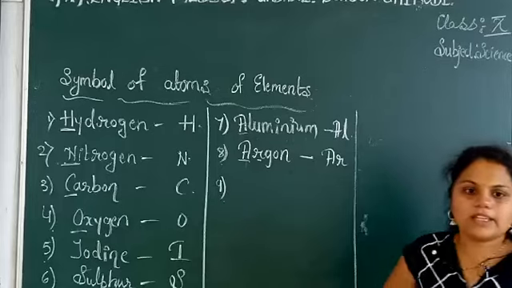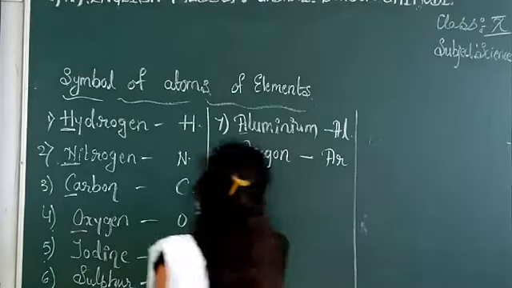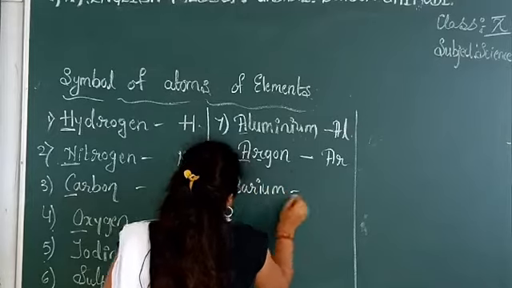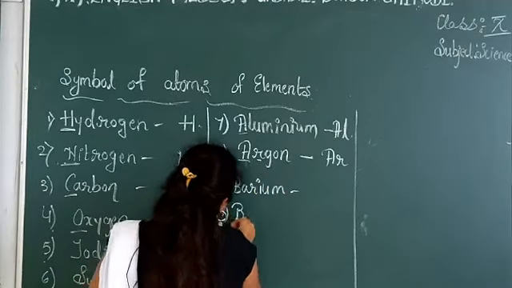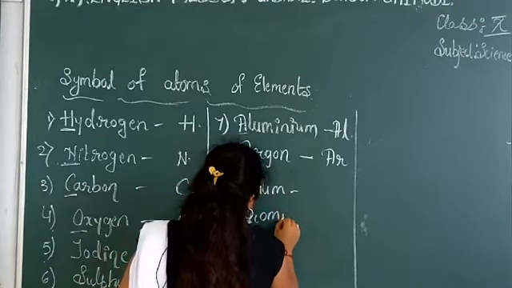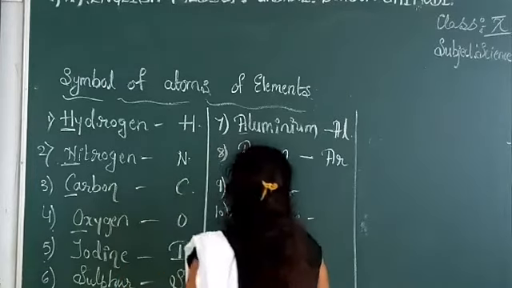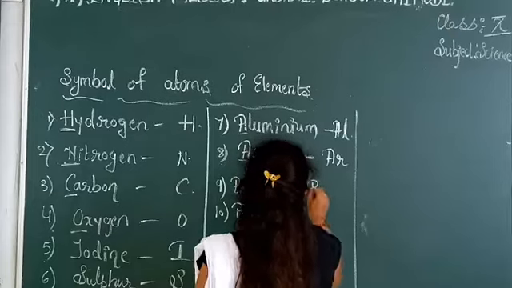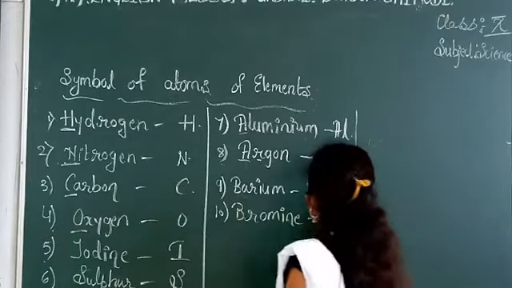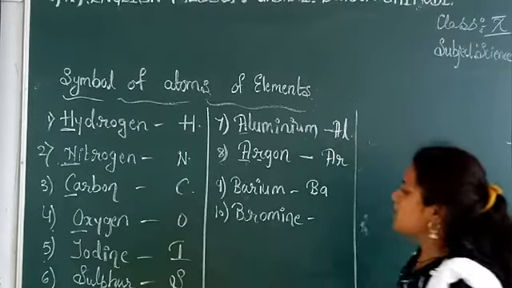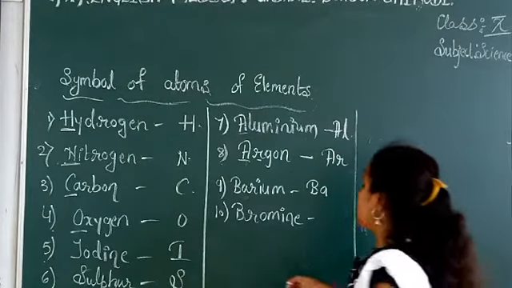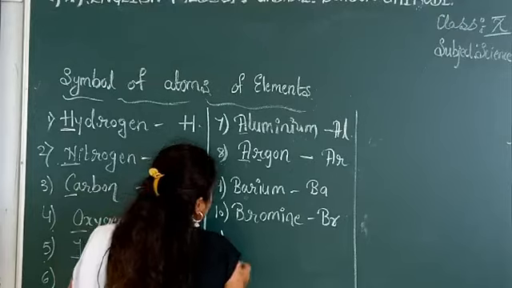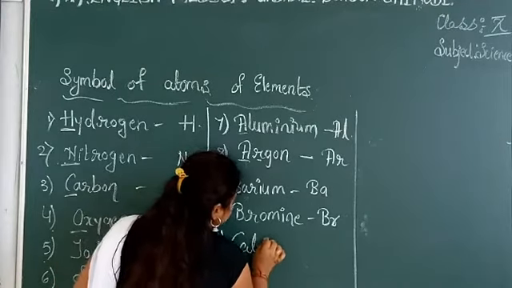Next example I am taking here, barium and bromine. So here the B is the same, but here A is barium, and bromine is Br. Next is calcium.